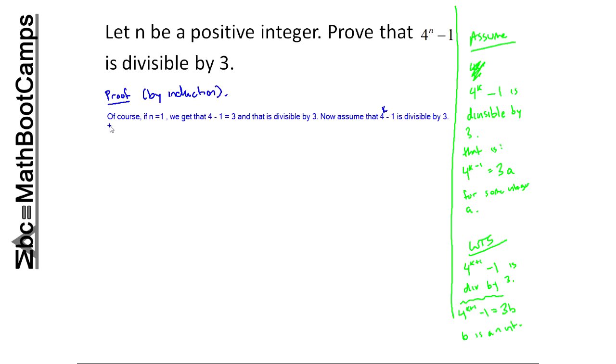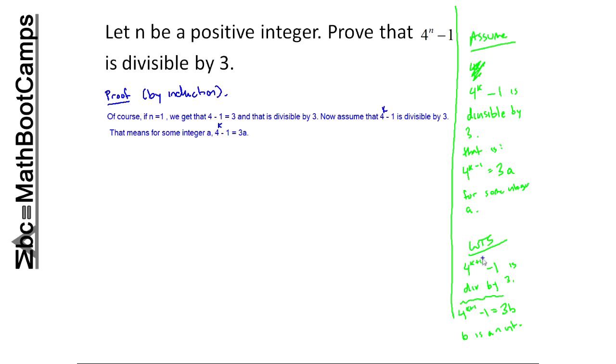So that means for some integer a, let's say, that 4 to the k minus 1 equals 3a. By definition, we don't have to really explain that at all.